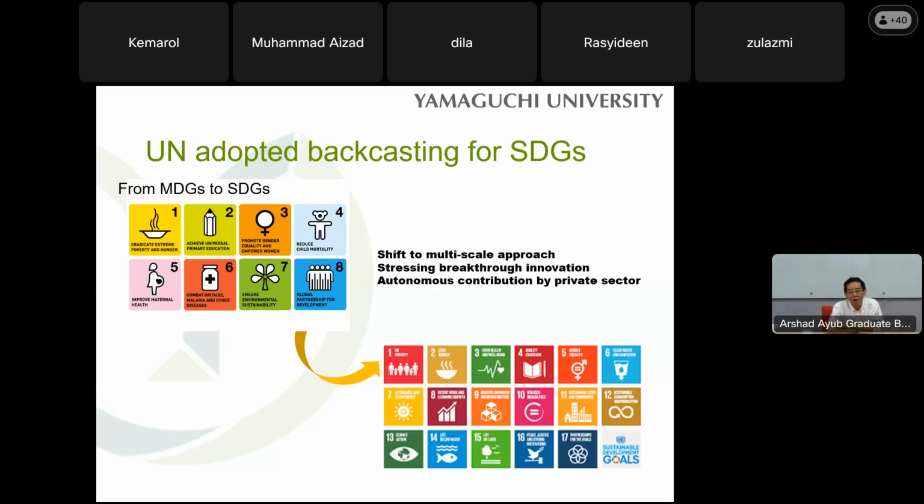They made a major change in developing the new development goals. First, they shifted to a multi-scale approach, meaning from the macro level program to the micro level program, because they understand that a one size fits all approach does not work well.